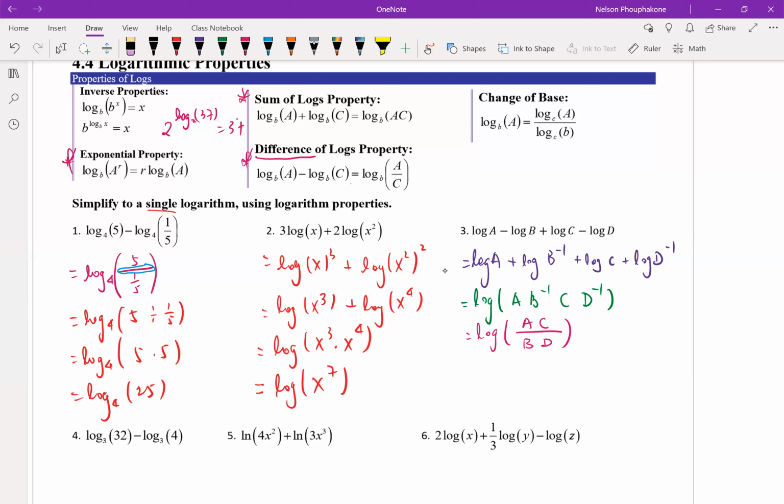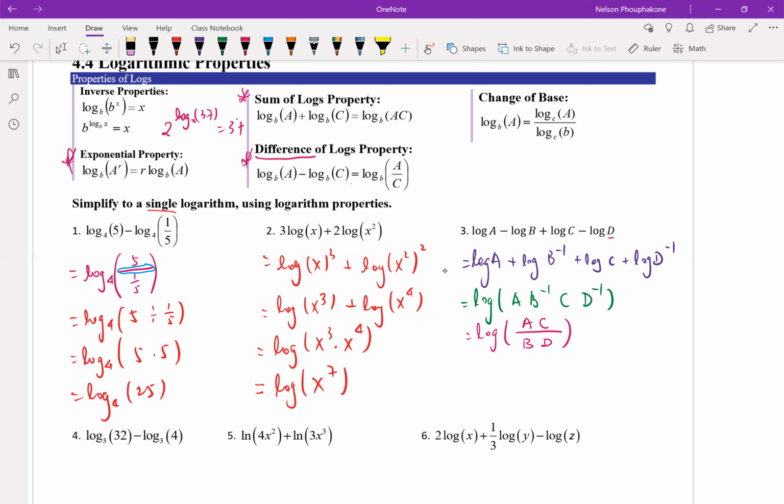Do you see that if the coefficient is +1, the expression A and C is in the numerator. If you have a negative in front of the log, then in this case, the terms B and D, you put in the denominator. So you could use this right here to help you take care of subtractions of log.